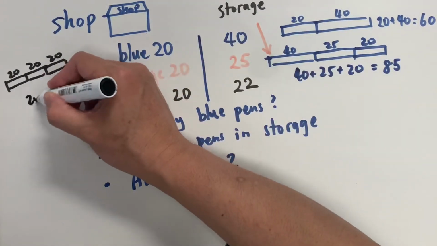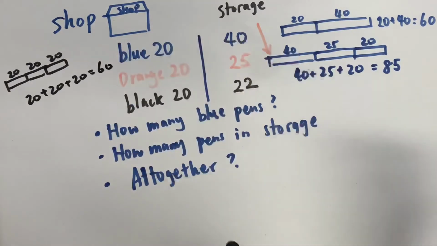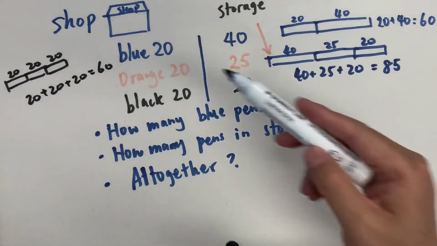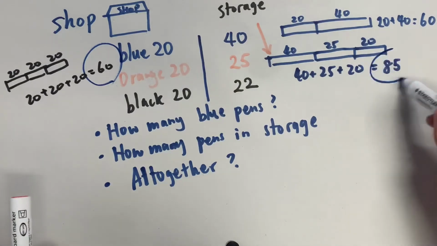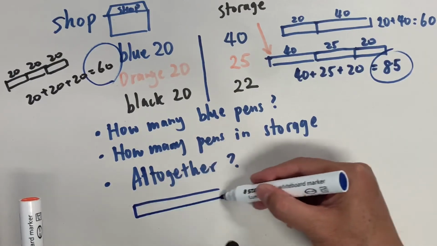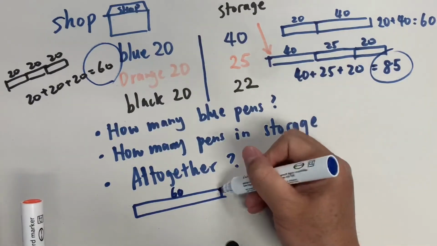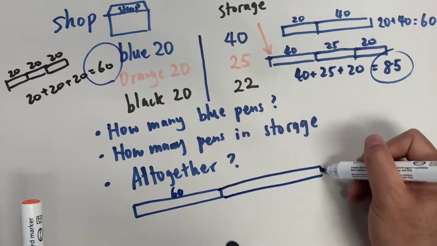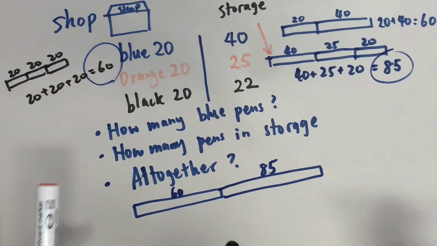That's 60. If I know that, I can put how many pens in the shops and how many in the storage together. Altogether in the shop I have 60. In the storage I have 85. So that's the bar model.